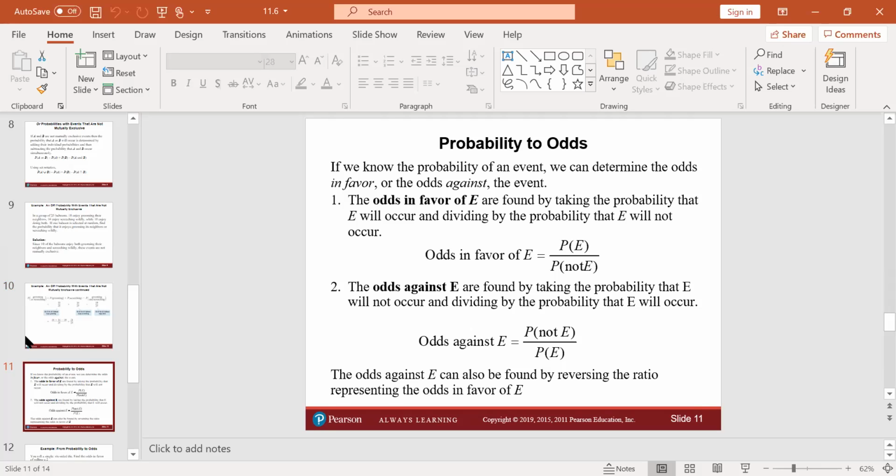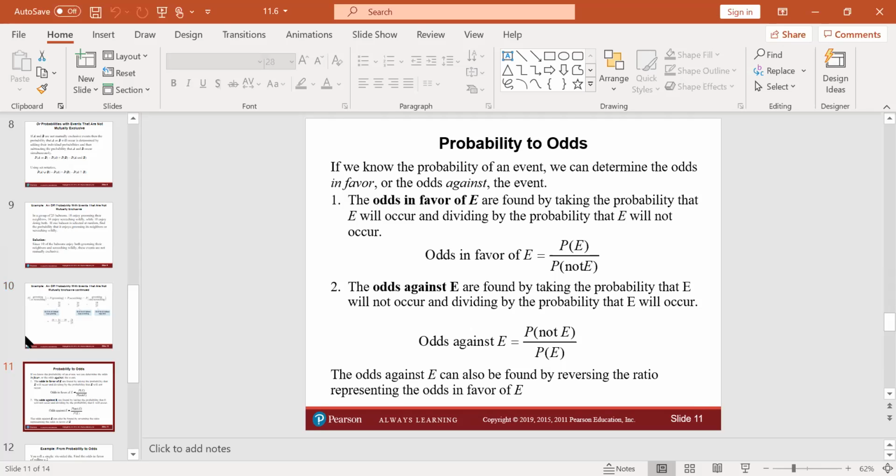If we know the probability of an event, we can determine the odds in favor or the odds against the event. The odds in favor of an event is just a ratio of the probability that the event occurs to the probability it doesn't occur.